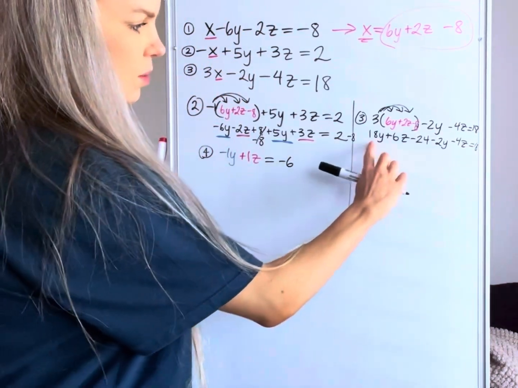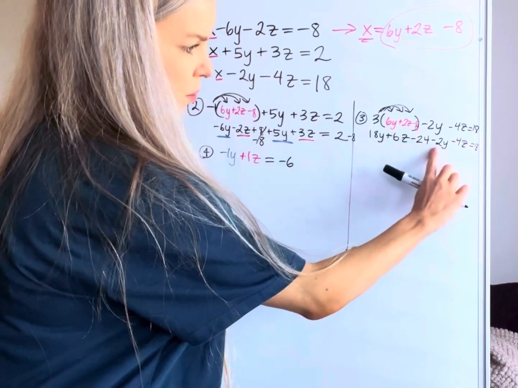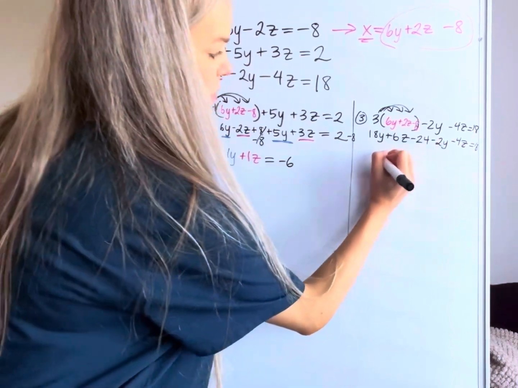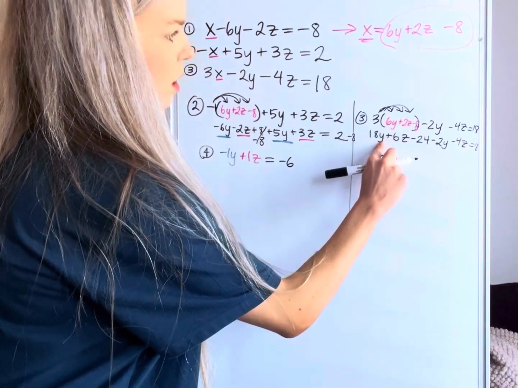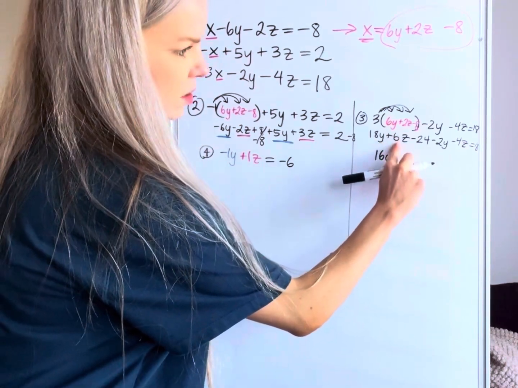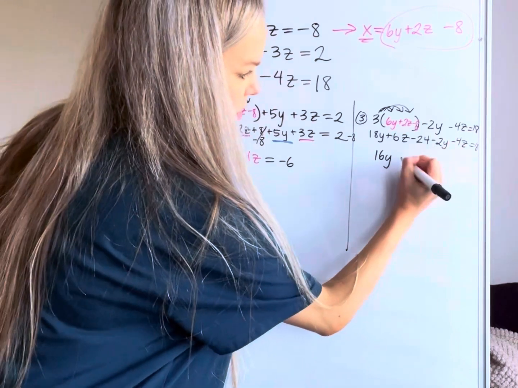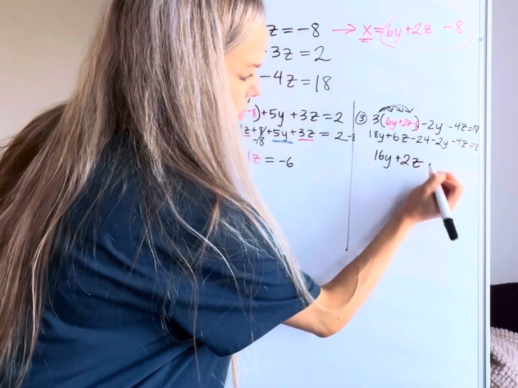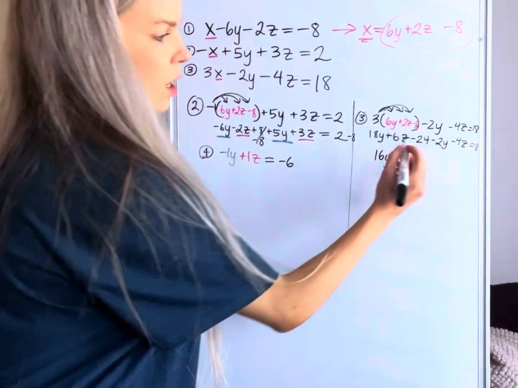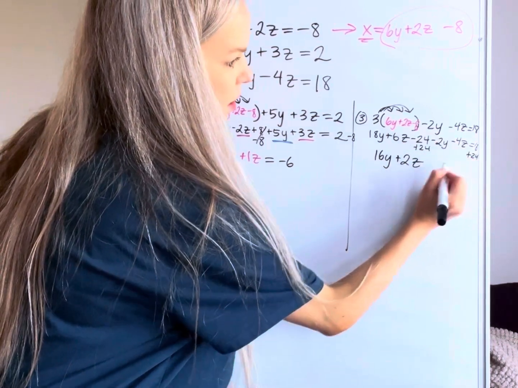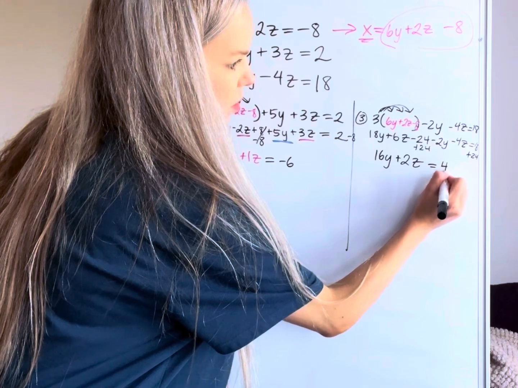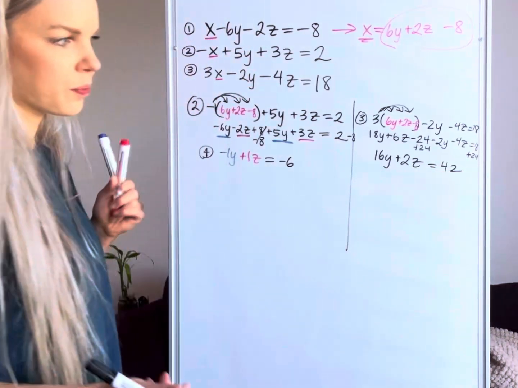Combining our like terms, I have 18y minus 2y for 16y. And then I have 6z minus 4z to give me 2z. And then I'm going to move the constant to the other side. 18 plus 24 is 42.